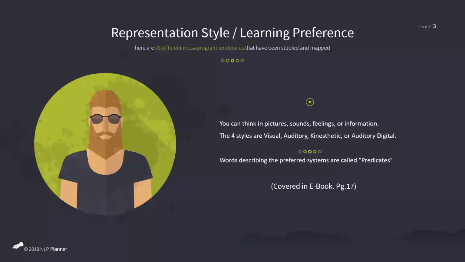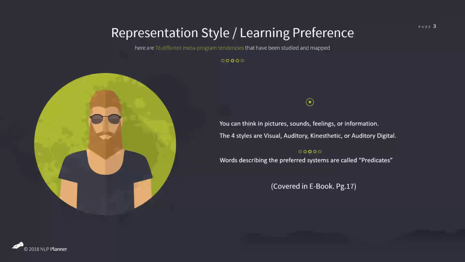So we are going to talk about four styles which are predominantly existing in most of us. Rather, in all of us, you would see one or the other style predominantly existing at any given point in time. Based on the situation, you would find that certain people have a certain preferential representation style or a preference for learning.